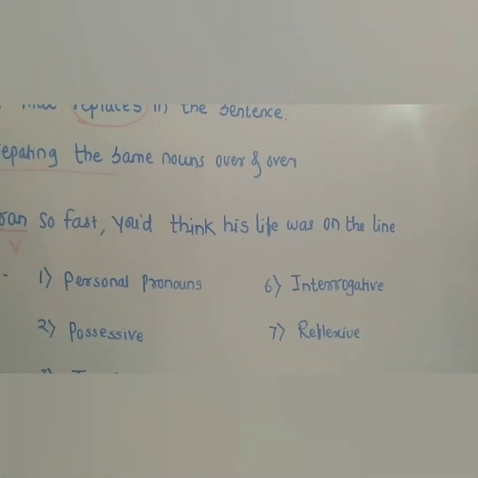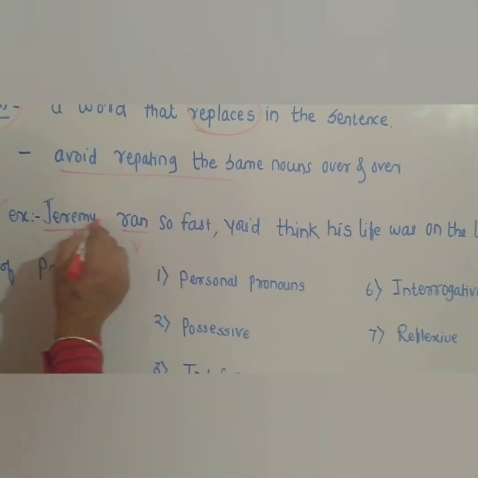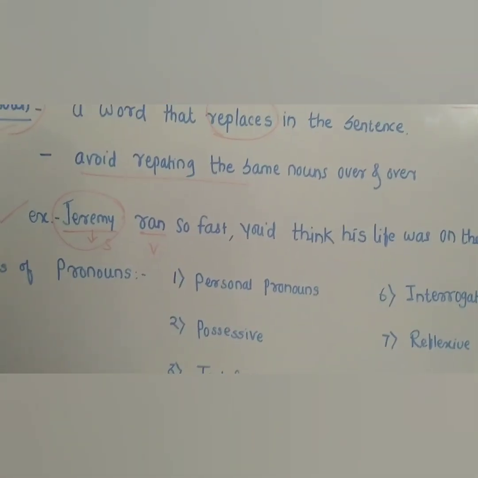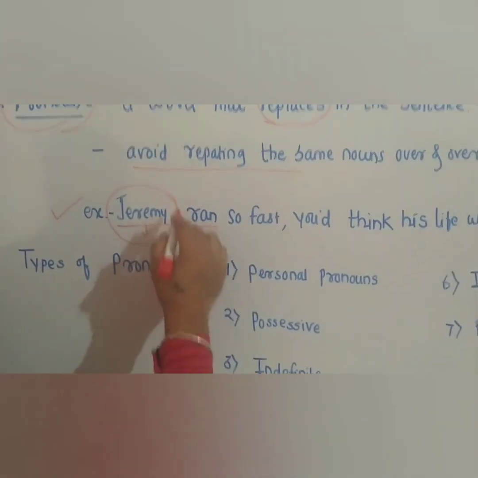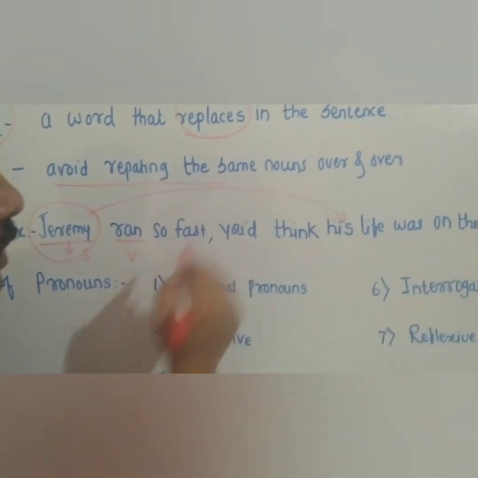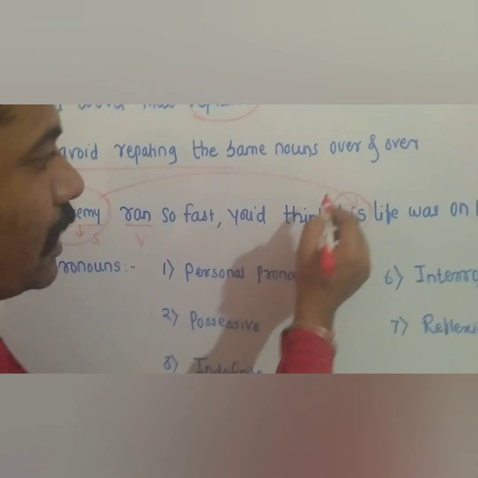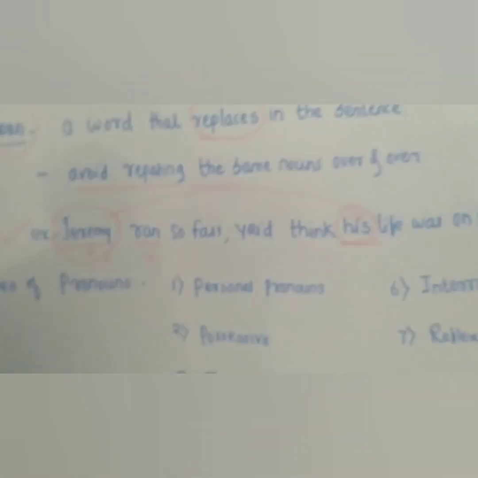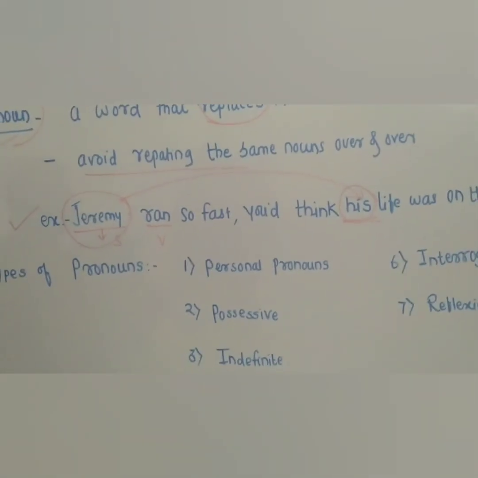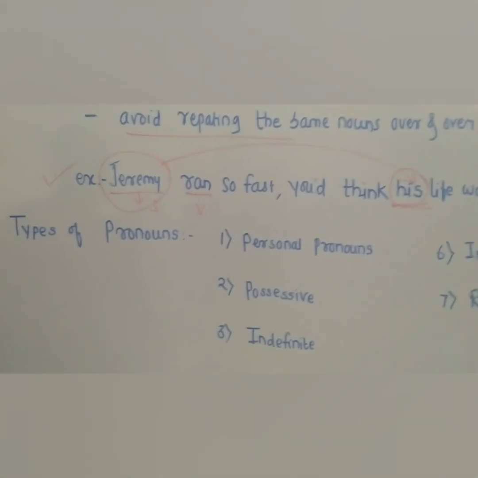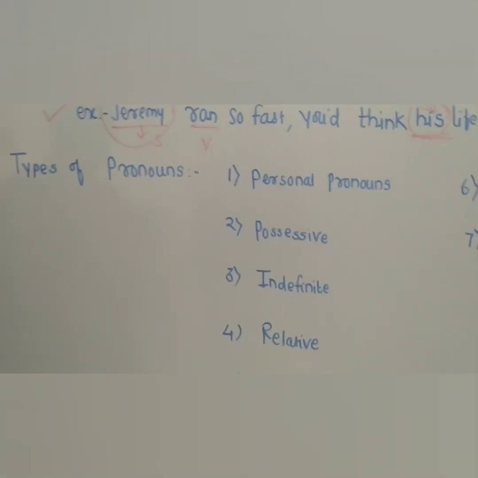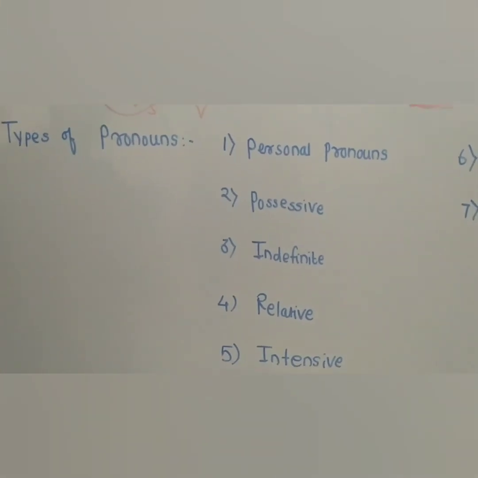Here the name of the girl is not used; instead we use the word his. That's why it is a pronoun. So we avoid repeating names and nouns again and again. That's why it is very easy to use pronouns.